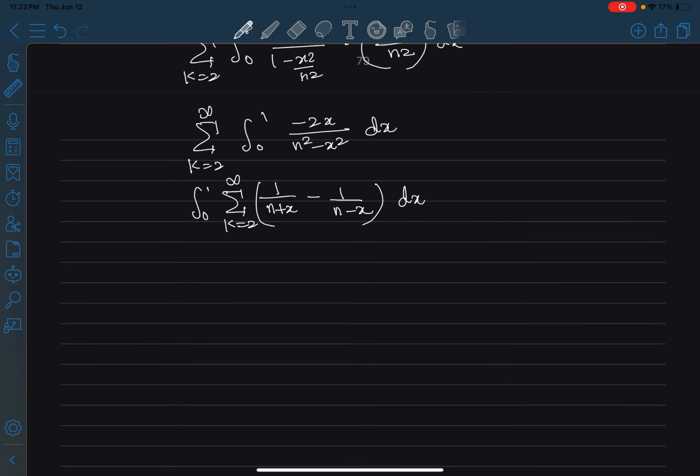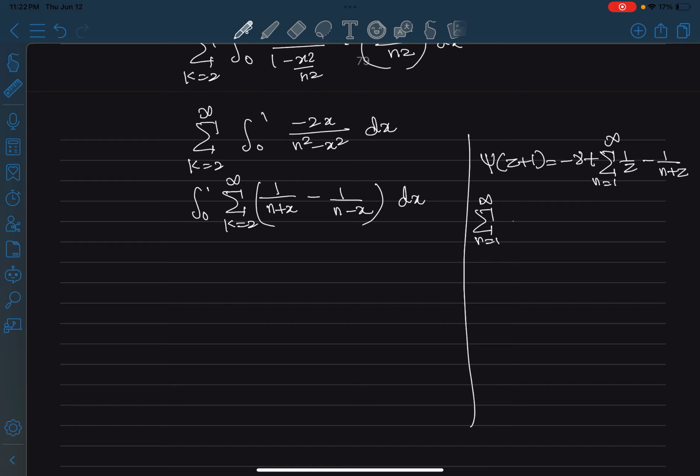Now I have got to tell you something. There's this thing called the digamma function of g plus 1, which is the negative of the Euler-Mascheroni constant plus the sum from n equals 1 to infinity of 1 by n minus 1 by (n plus g), right? Using this definition, you can prove that the sum from n equals 1 to infinity of 1 by (n plus g) minus 1 by (n plus x), let's say, is equal to digamma of x plus 1 minus digamma of g plus 1.